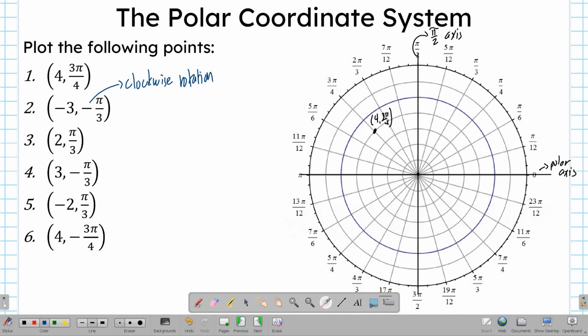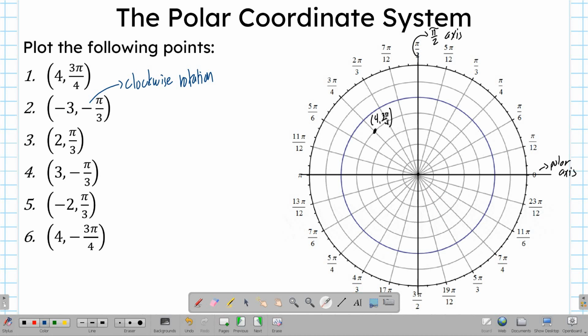Now, negative 3 would give us, we have to go to the opposite side. So first, let's look for 3. This is negative pi over 3. That's radius 1, 2 units, 3 units. So if the given is (3, negative pi over 3), this is where it will be. However, since the radius is negative, we have to go to the opposite end of our ray.